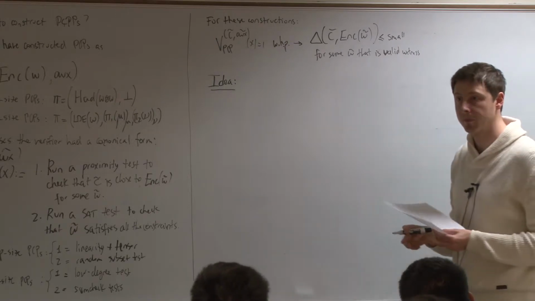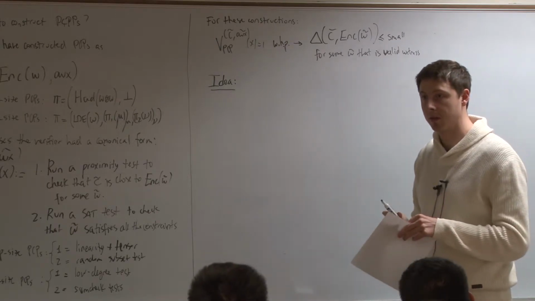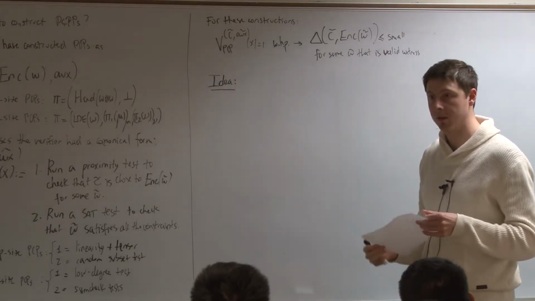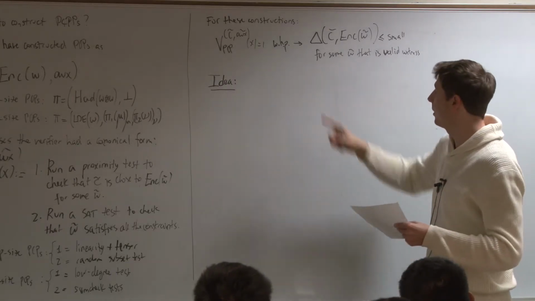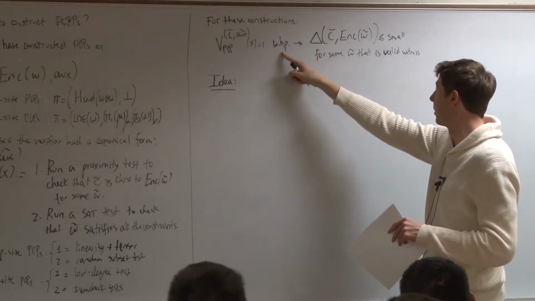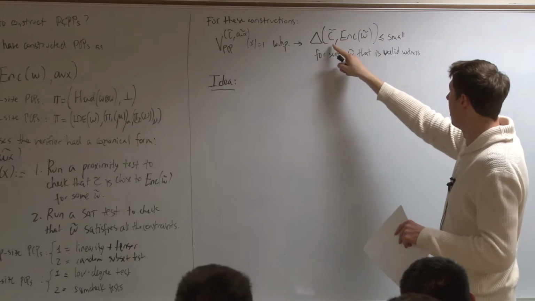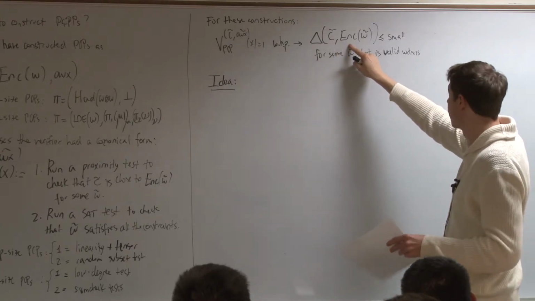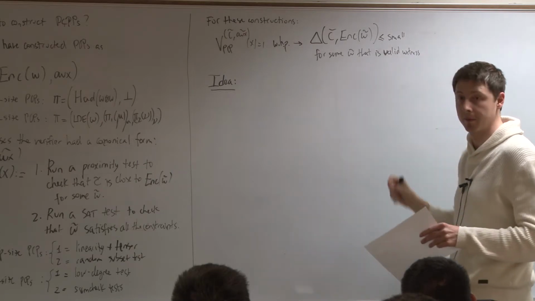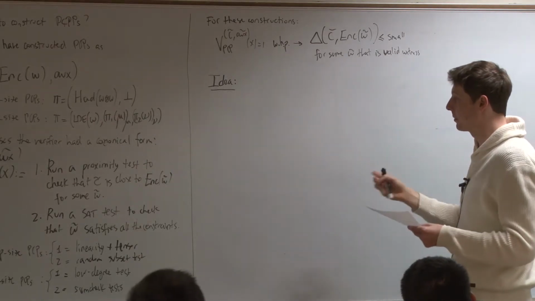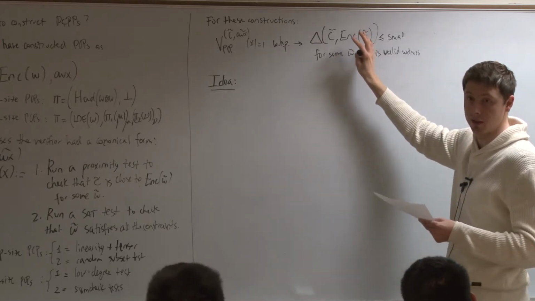Yeah. We're running a linear test with some proximity, or a local test with some proximity error, right? So does that translate somehow? But we already encapsulated it in the statement, right? We're saying that we're running that guy, and because it works, we know that the alleged encoding is in fact close to an actual encoding of a witness that is valid. Okay? So the fact that we're running a proximity test, I already summarized in this implication.